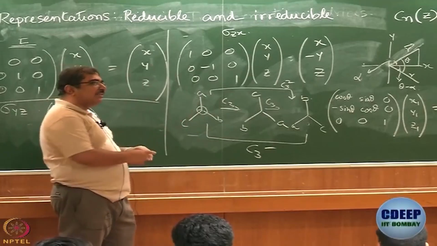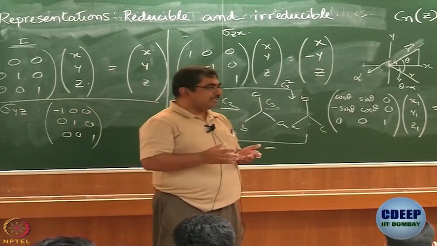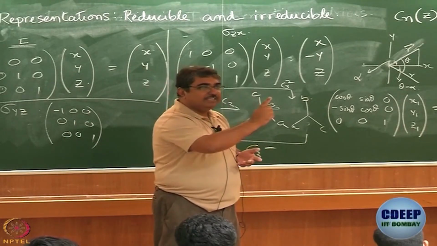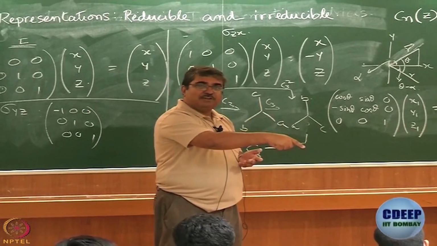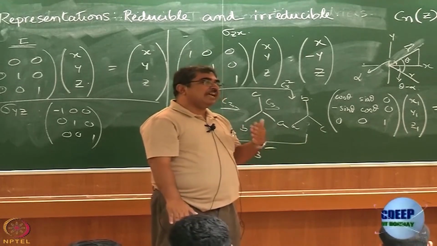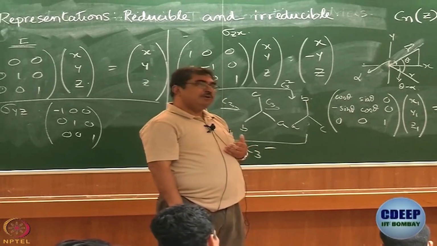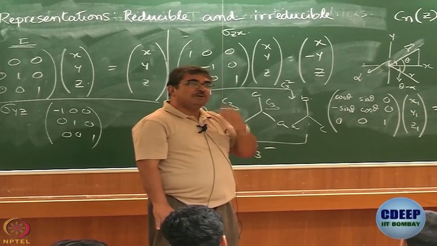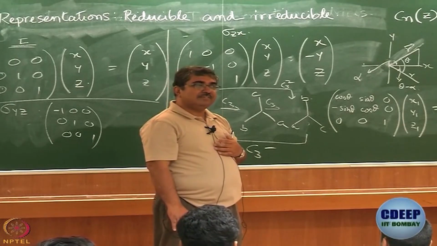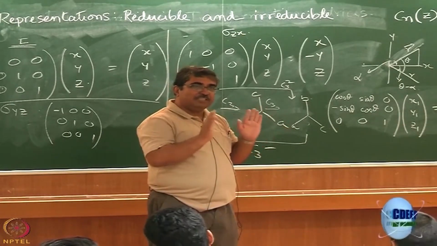So, associated with the C3 axis, you have 2 operations, C3 plus, C3 minus, or C3 and C3 square, in whichever way you want to put it. And these operations actually belong to the same class. Do you agree that C3 and C3 square belong to the same class? Same kind of operation, right? They belong to the same class.